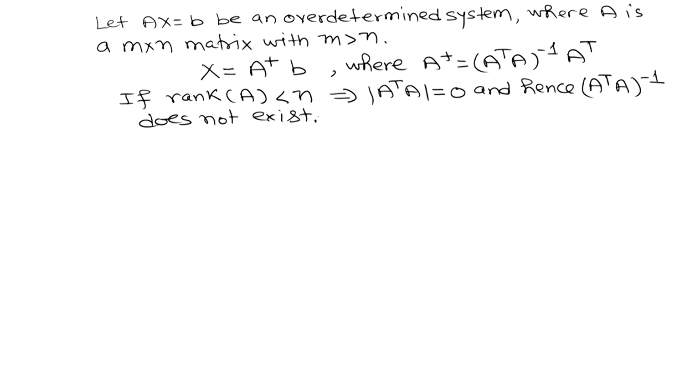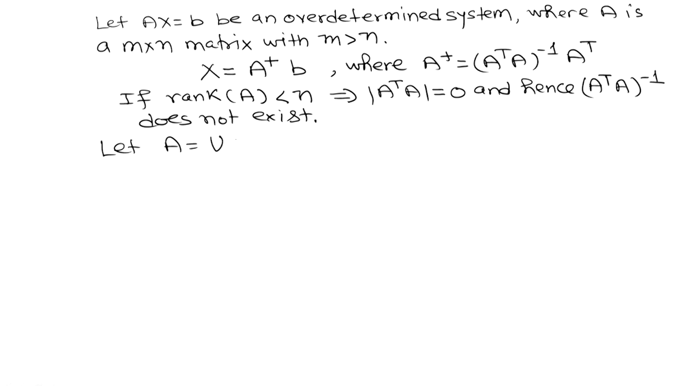So, now question is how to find least square approximation of such a system. So, for doing this we will make use of singular value decomposition for calculating the pseudo inverse in this particular case.